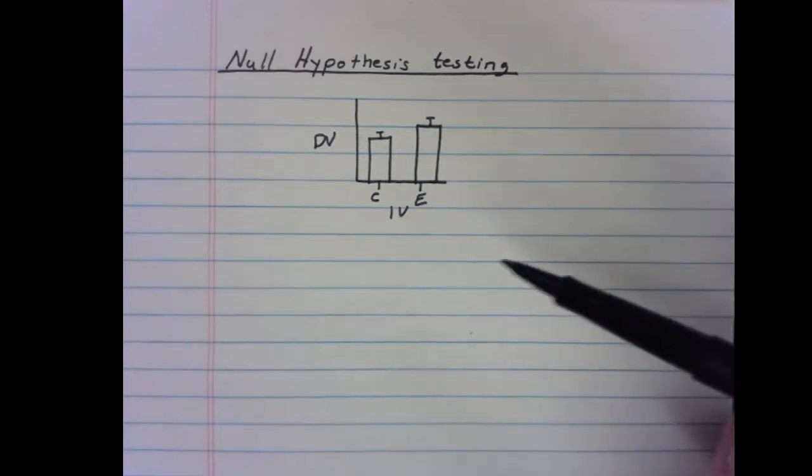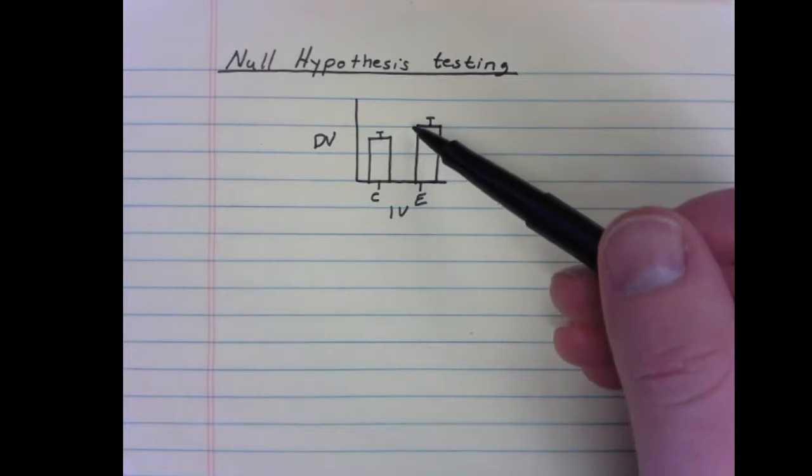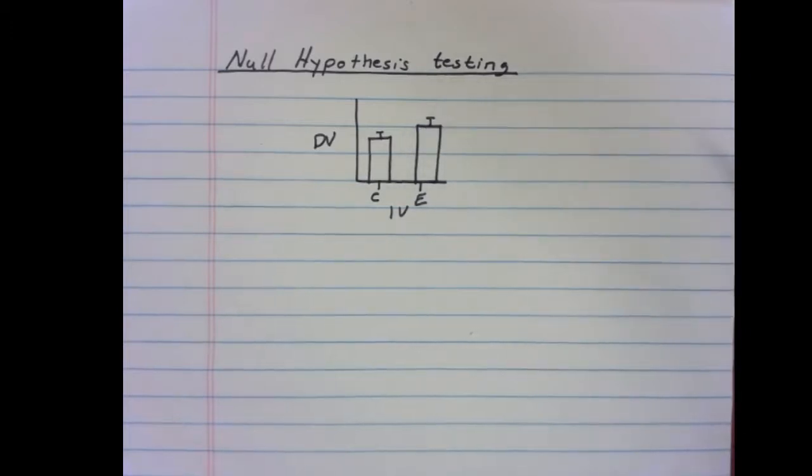However, if our independent variable truly is doing something, it should cause a difference between these two. And if that difference is big enough, specifically if it's greater than the effect of sampling error, we could reasonably say that, hey, look, our independent variable is doing something. It's causing a change to the dependent variable.